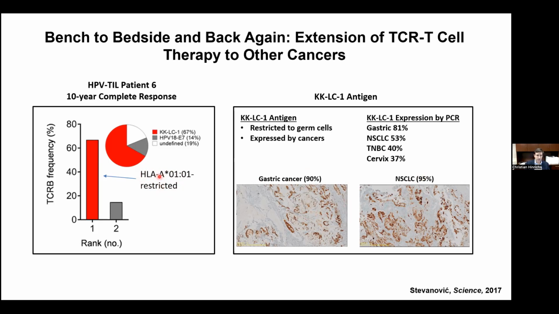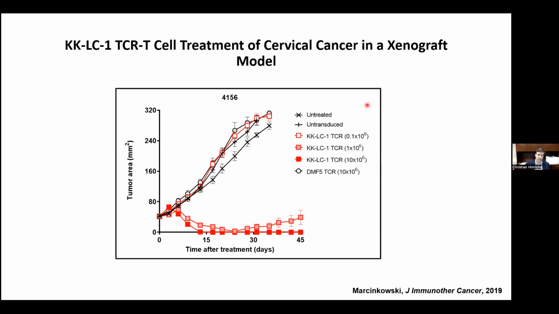So we captured the exact TCR that appears to have been dominant in this patient's ongoing complete response and apparent cure. And we can now engineer anyone's T cells to express this T cell receptor and target cancers that express this KKLC1 antigen. So this is an NSG model testing this T cell receptor. The tumor here is 4156, a cervical cancer cell line we generated in my lab.